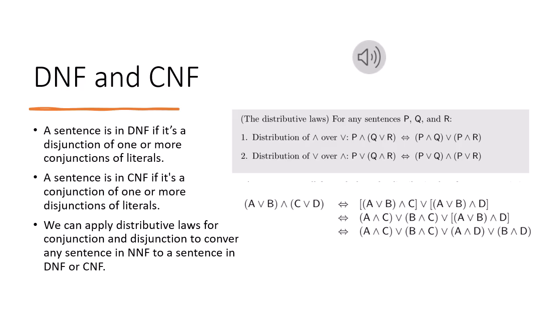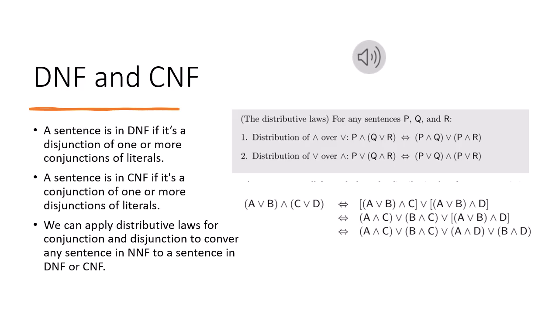We've got A or B, and then conjunction C or D. The first thing they do here is to distribute the A or B across the C or D. So here we will get A or B and C, and then a disjunction, A or B and D. Again, that's applying that first distributive law, treating the P as the A or B. Now we apply the distributive law twice, but from the right-hand side.